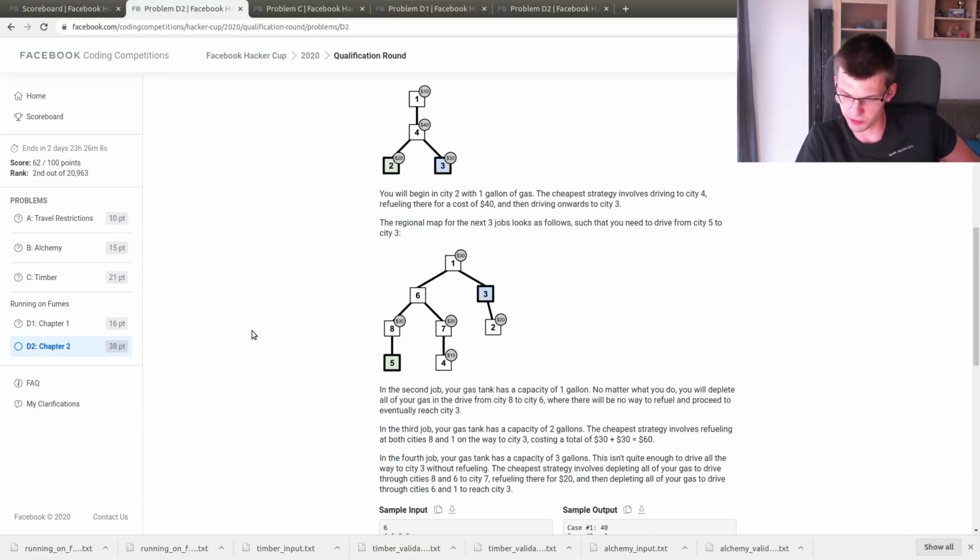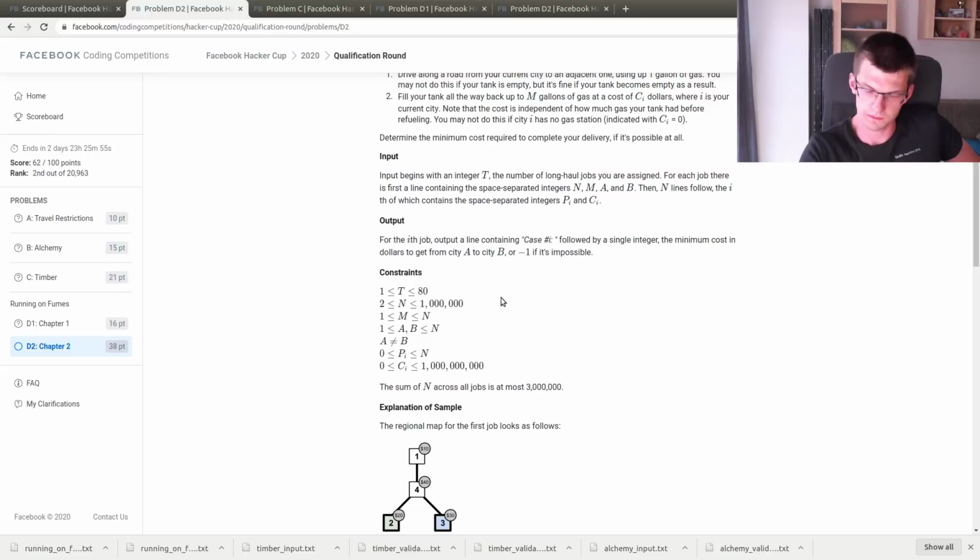Now I'm thinking if I need centroid decomposition. I can do it with centroid decomposition.